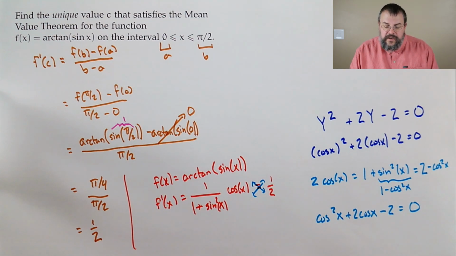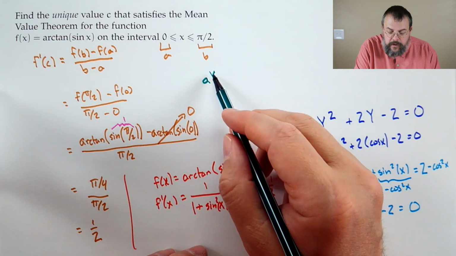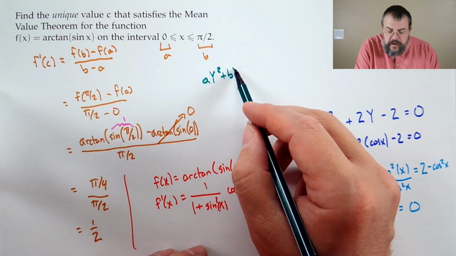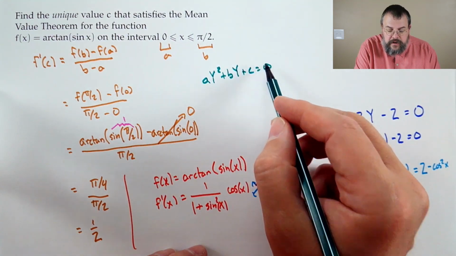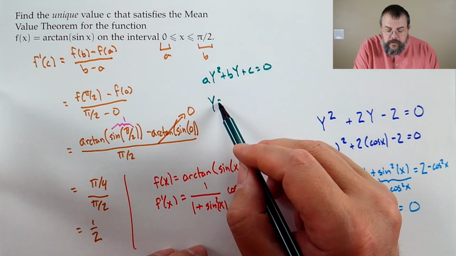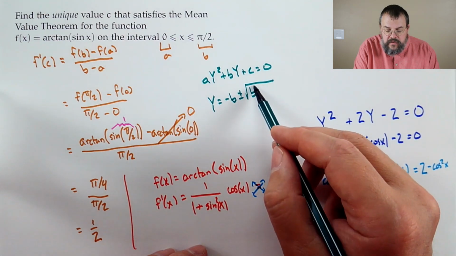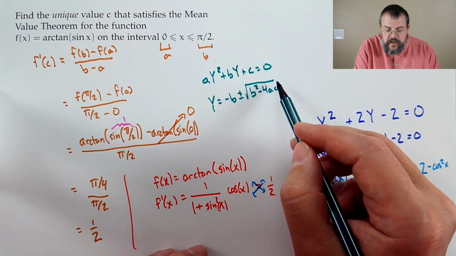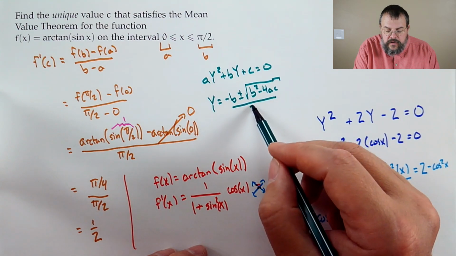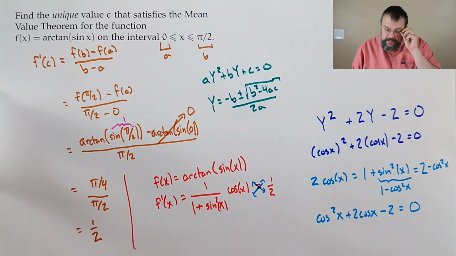So what does it say? Well, the quadratic formula, recall, says if I have something in the form ay squared plus by plus c equals 0, then y would be negative b plus or minus the square root of b squared minus 4ac, all over 2a. Now, for us, what does that become?